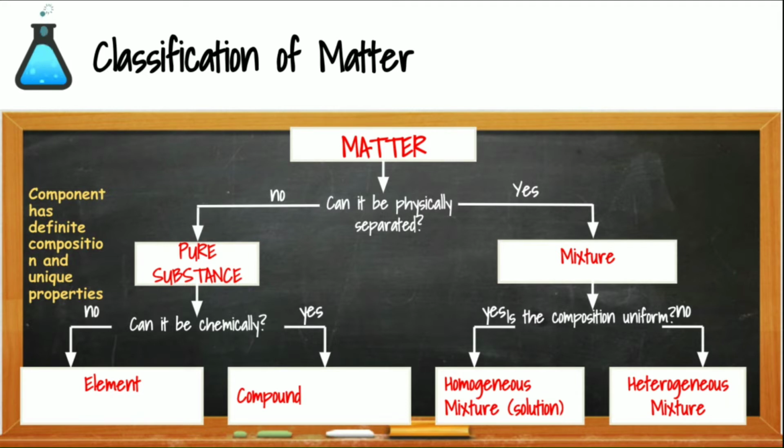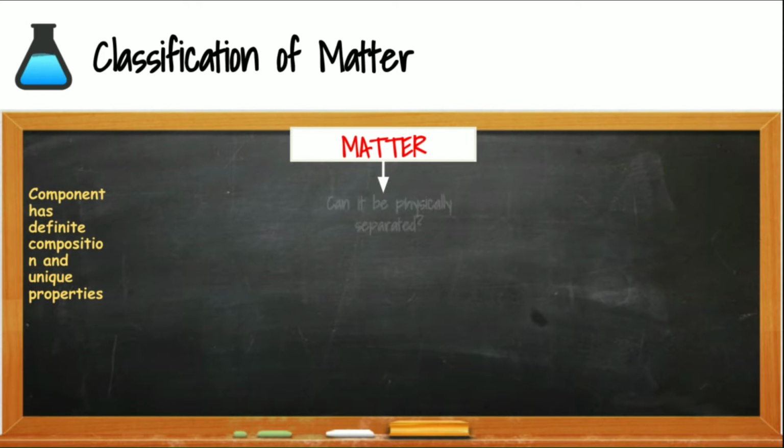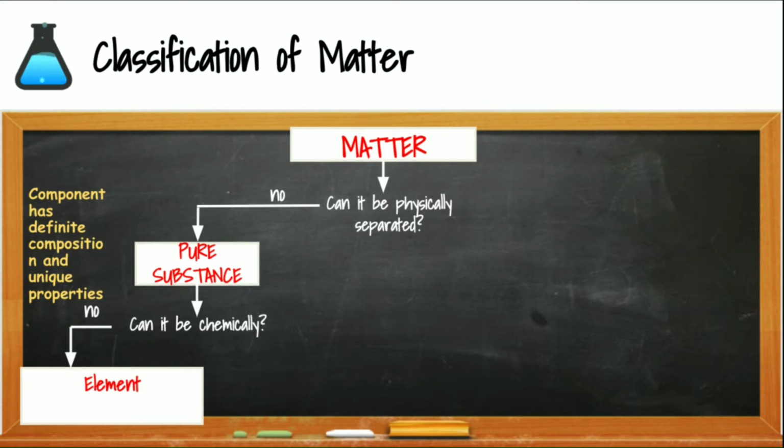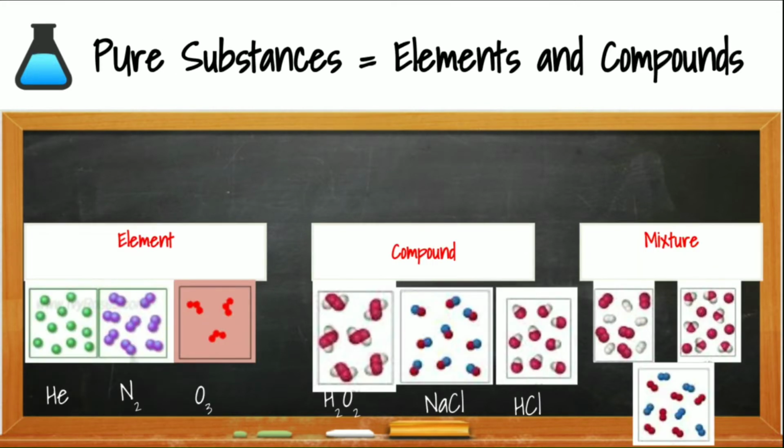Again, we're going to focus on the left side of the table, particularly elements today. Just to give you an idea of what an element is, here we have some particle diagrams that help us see that both elements and compounds have definite composition and a constant composition.